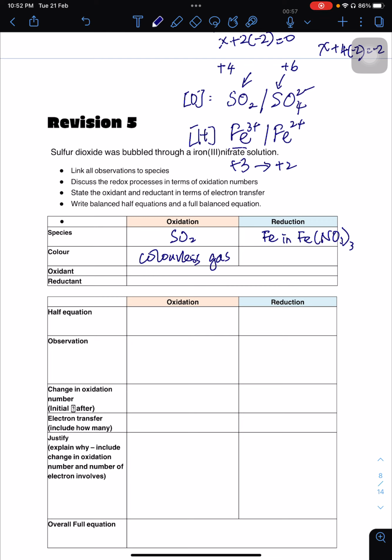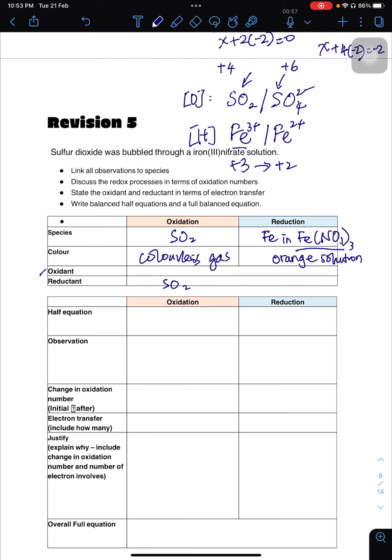And the color for iron 3 nitrate is rust color, so you have to write down orange brown solution. So that will be the opposite for the substance that undergoes oxidation. The substance that undergoes oxidation will be the reductant, so I'm going to put down sulfur dioxide right here.